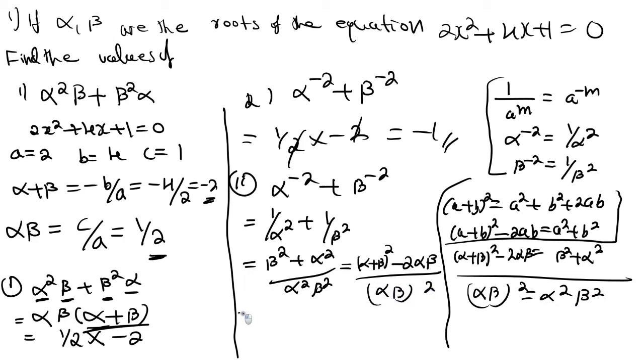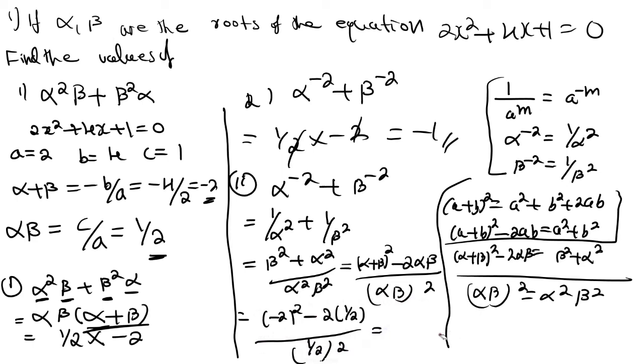Now substitute. It's equal to alpha plus beta, which we have as minus 2, whole square, minus 2 into alpha beta, and alpha beta value is 1 by 2, divided by (alpha beta) whole square, which is (1 by 2) whole square.